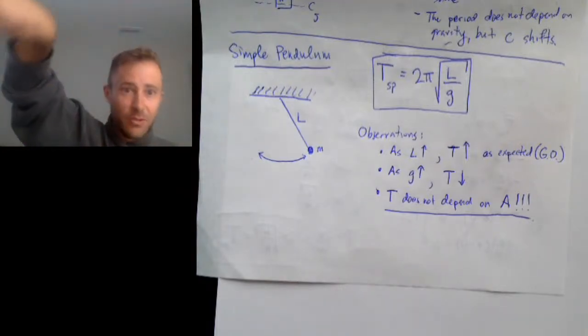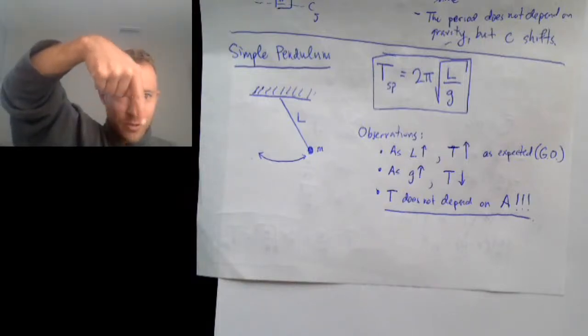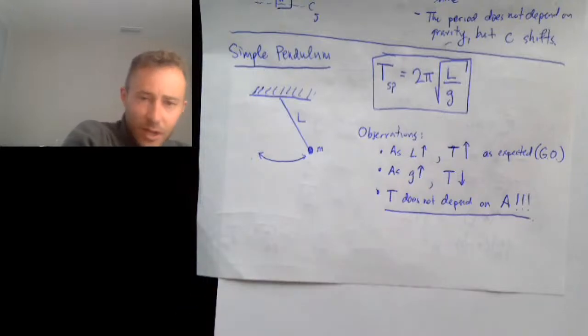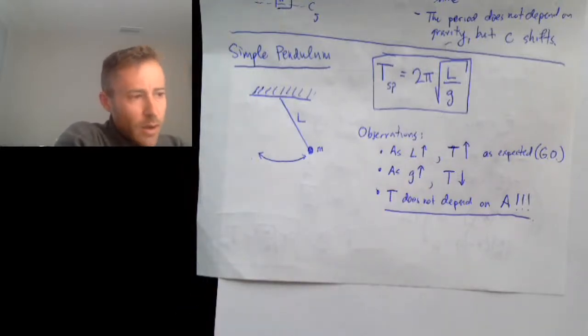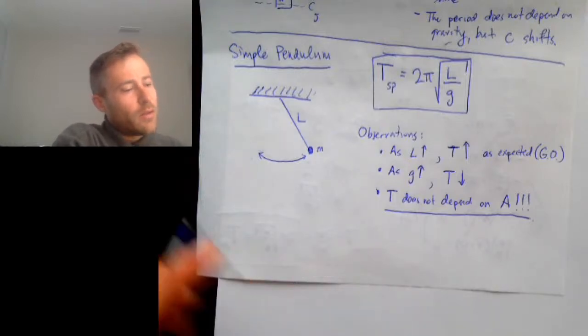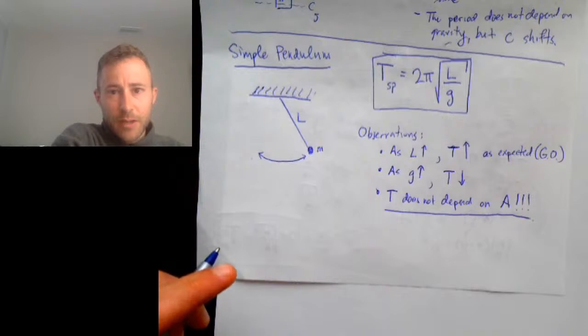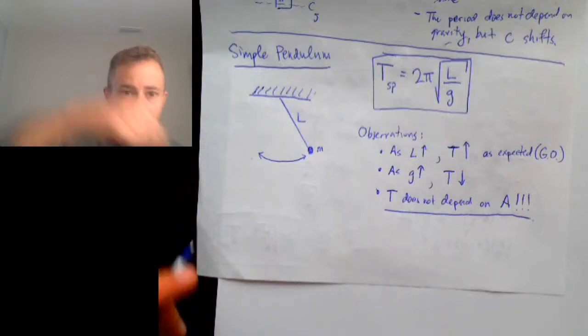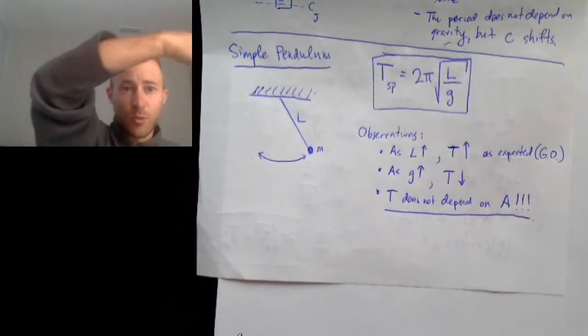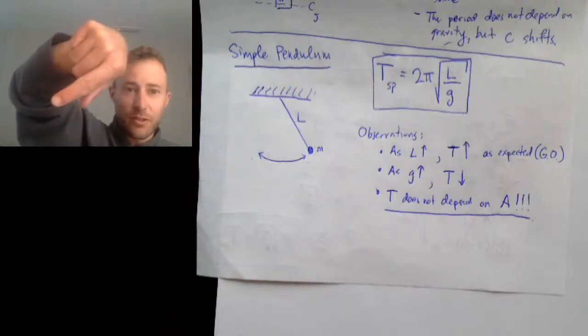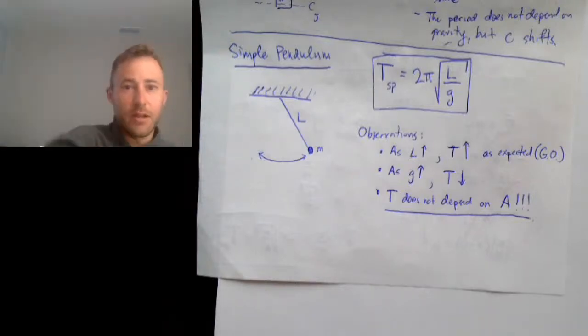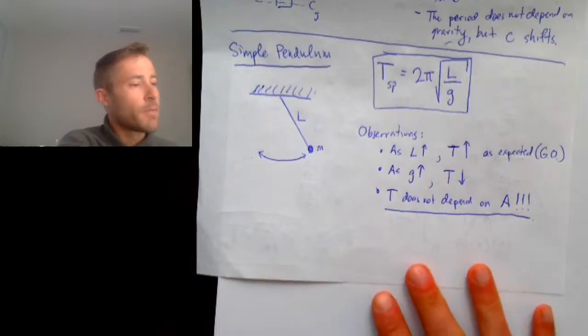So big amplitude is like this, small amplitude is like this. Okay? So the period does not depend on amplitude. That is a major point. And it's for the same reason, okay? If you do a bigger amplitude, the swing is a greater distance, but you build up more speed, and it ends up taking the same amount of time. Okay?